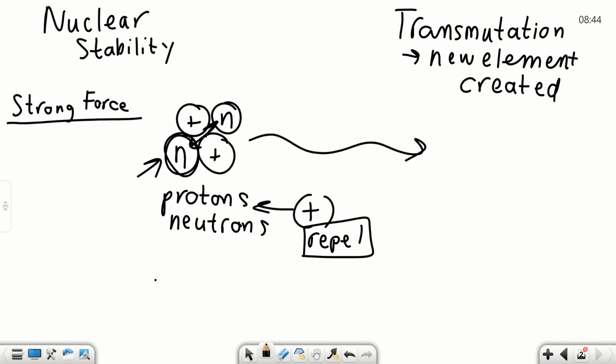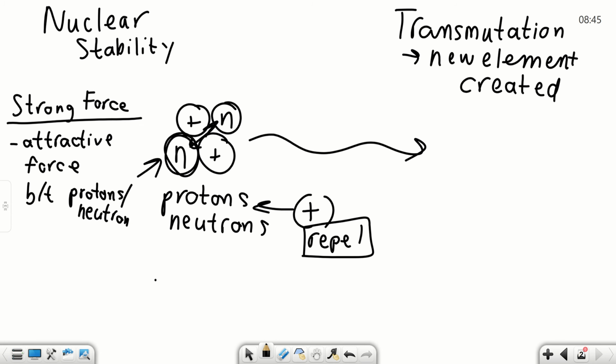The strong force is basically an attractive force between the protons and neutrons, and between neutrons. This force makes them want to stay together.